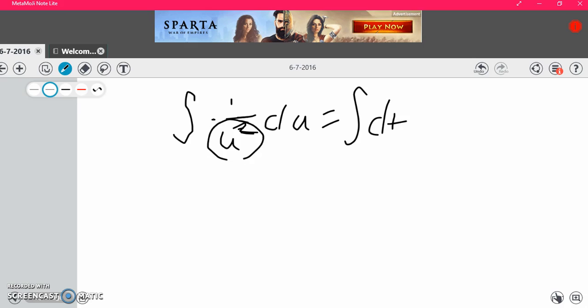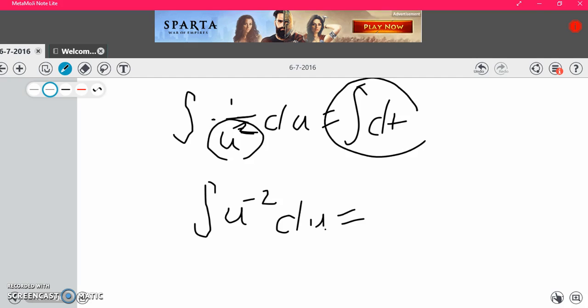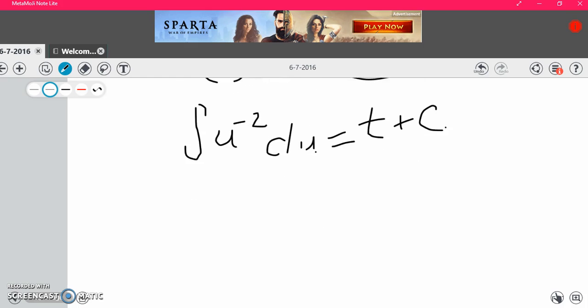Another way we can write this is as the integral of u to the negative 2, since this is the power rule, not the natural log rule. And then we can just integrate this, because that's pretty simple. So we have t plus c, because we need the arbitrary constant.